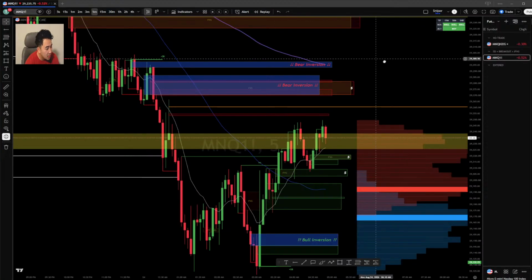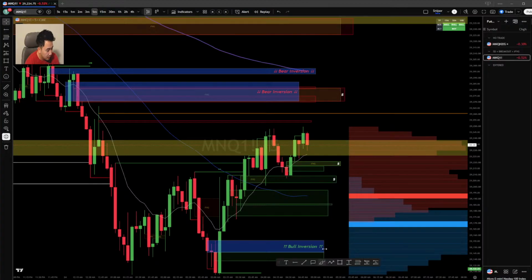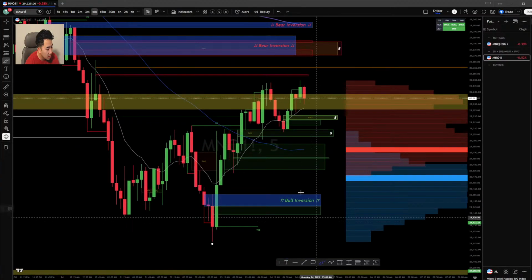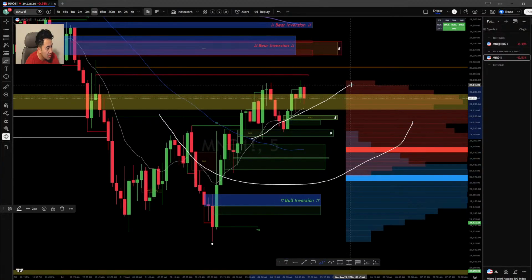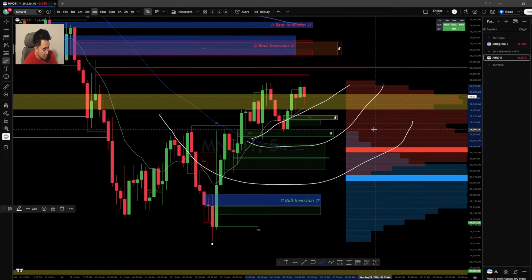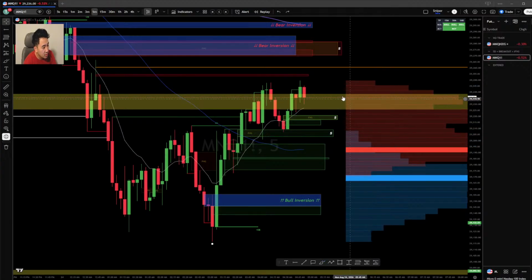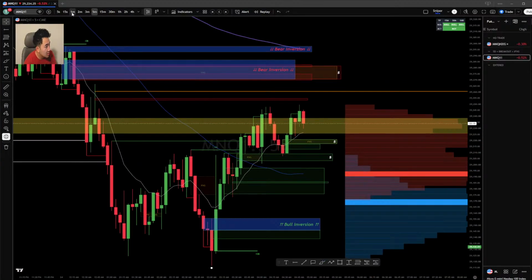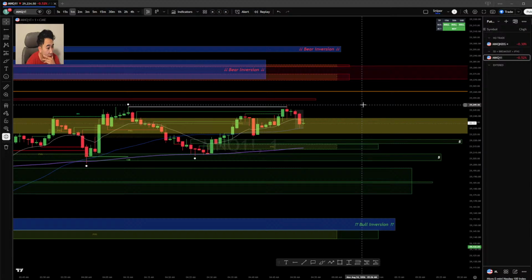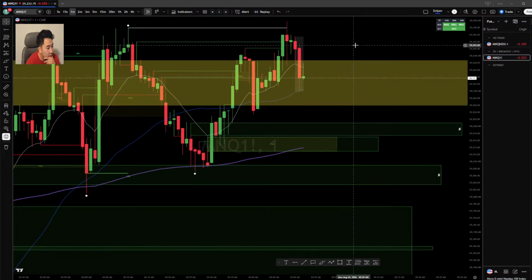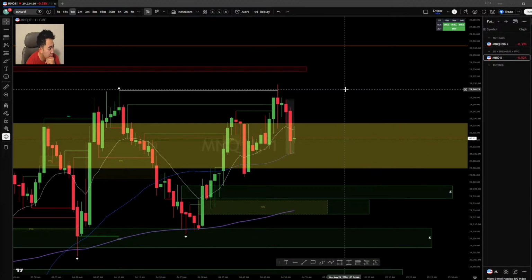If we're looking for those types of trades, I want the purple line, the 200 EMA, to be sitting below price down here, then 13 EMA, 50 EMA. That's the order we're looking for. Since that's not the case, today we're just going to be trading the inverse fair value gap strategy.